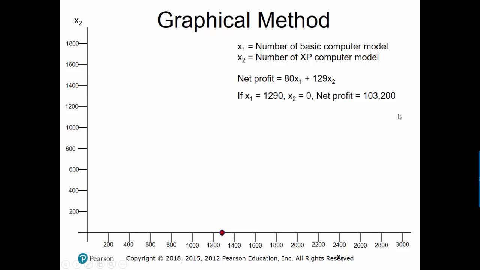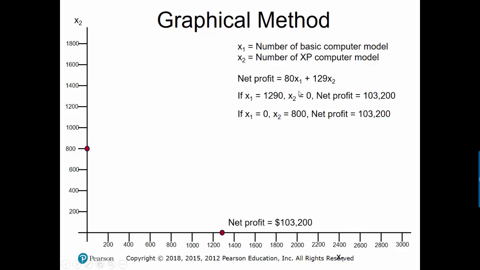That will give you a net profit of 103,200. That same 103,200 you can make by producing nothing of x sub 1 and 800 of x sub 2.